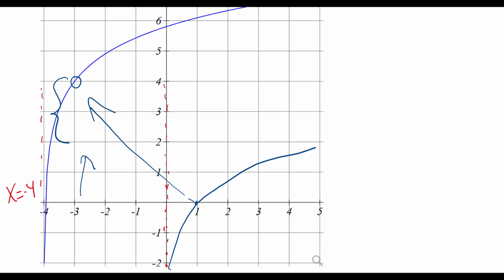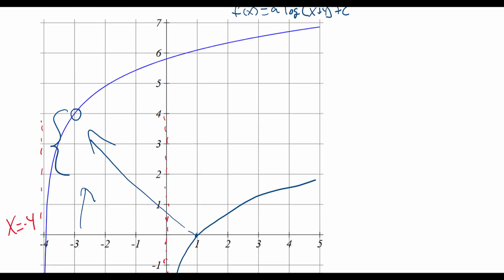I don't know that we can just say it's a shift of 4. Let me think about that. Let's see what happens if we say c equals 4 and shift it up by 4. The vertical stretch wouldn't occur at that point because anything times 0 is 0. So let's just see if we said c equals 4.